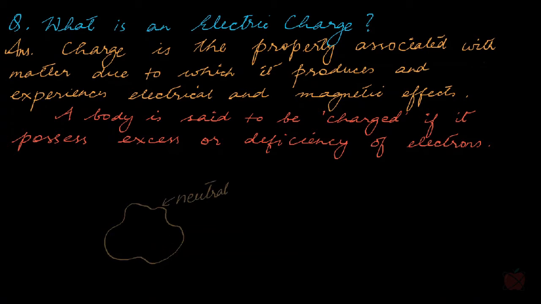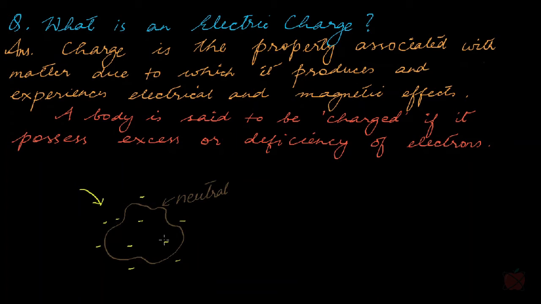But if you give electrons to this body, the electrons are negative charge, so the negative charge will sit on the surface of this body. Now if you count the number of negative charge present in this body, there is more negative charge than positive charge.